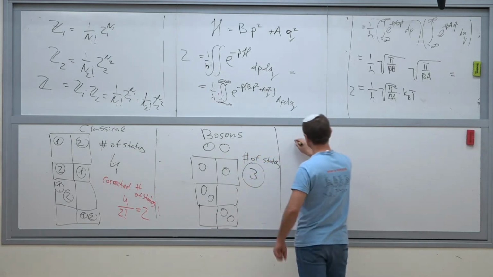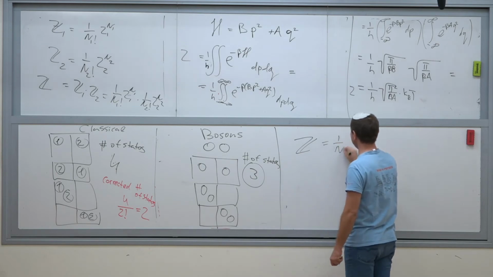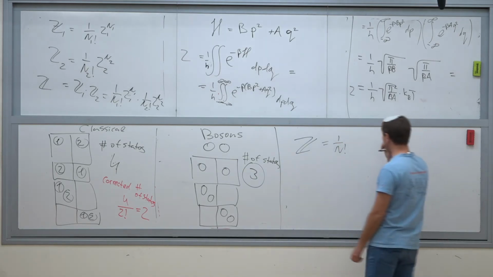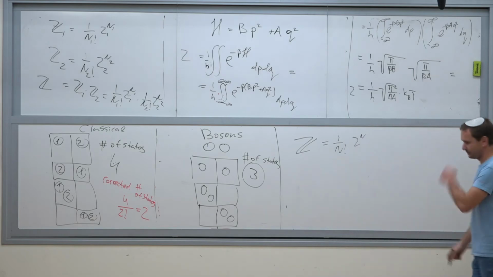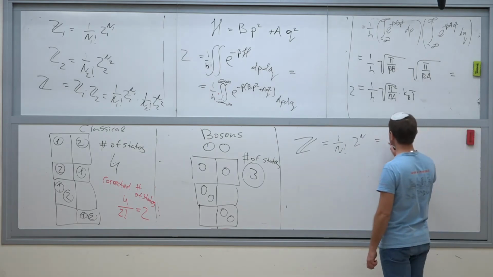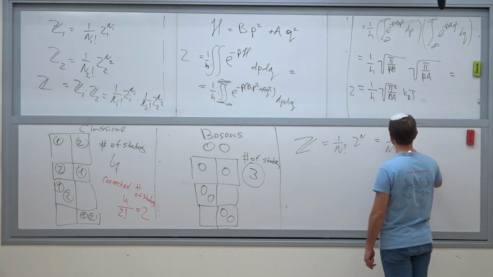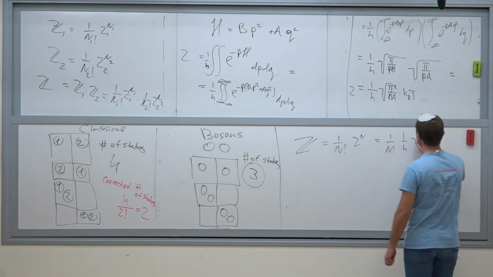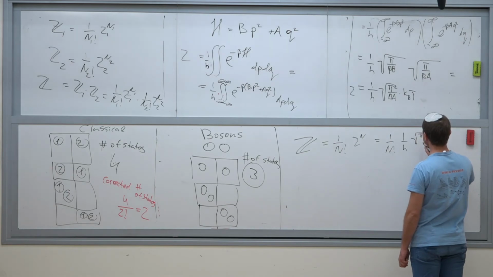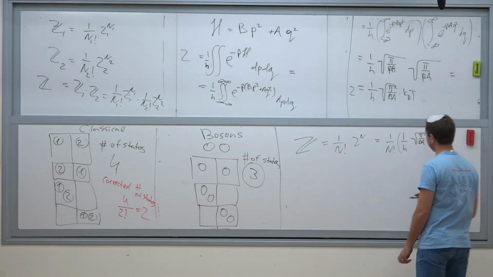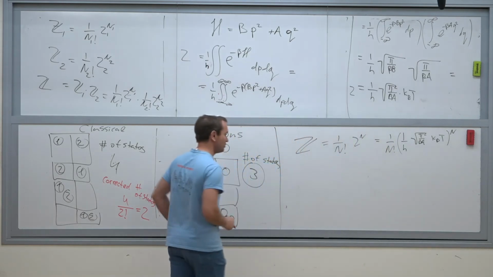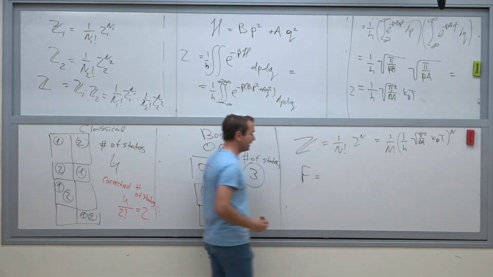In general, the partition function is Z1, 1 over n factorial, Z to the power of n. Okay. So it equals 1 over n factorial, 1 over h bar, square root of pi squared a k Boltzmann T, all of this to the power of n. Okay, so let's look at what the free energy looks like.